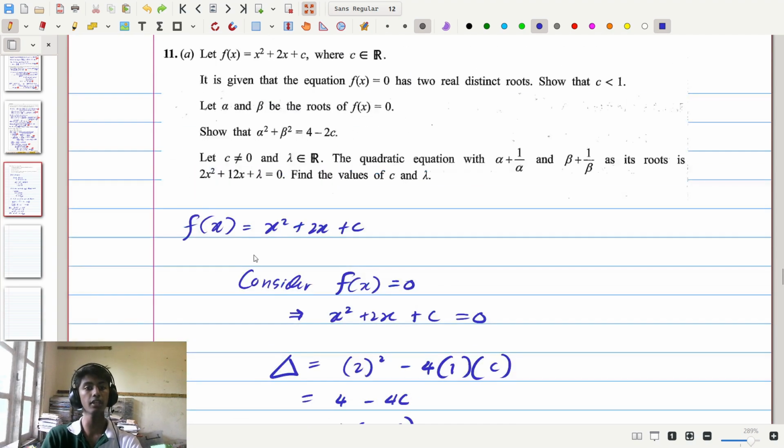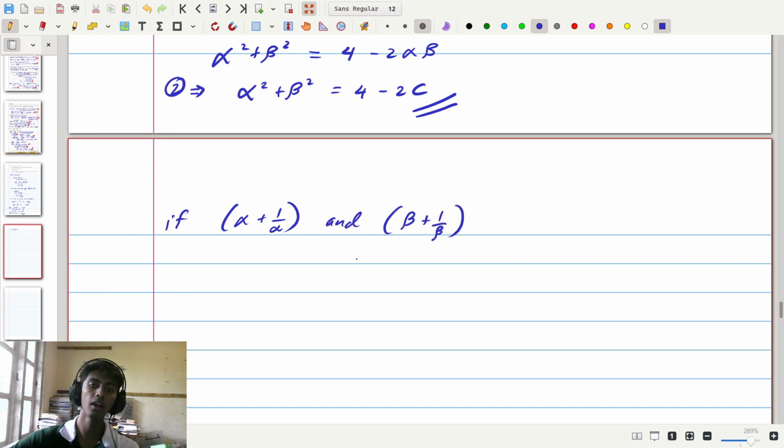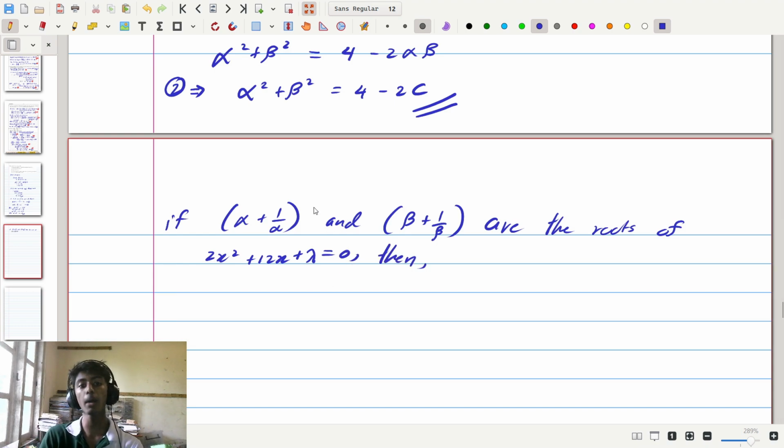So given this, if we go down, we'll write: if alpha plus 1 over alpha and beta plus 1 over beta are the roots of 2x squared plus 12x plus lambda equals 0, then the sum of the two roots must be equal to negative b over a, and the product of the two roots must be equal to c over a, or lambda over 2.